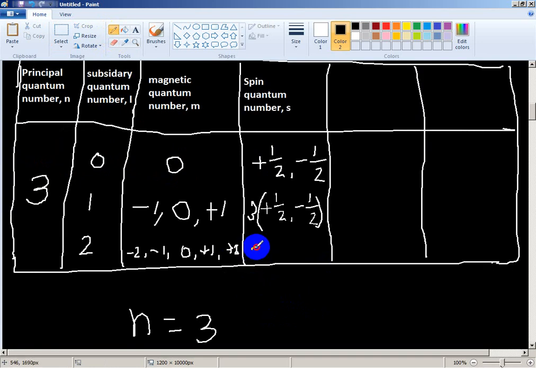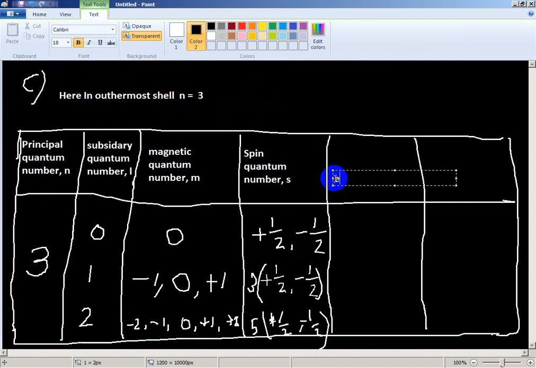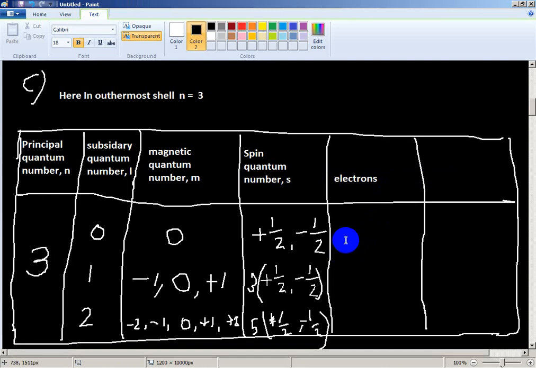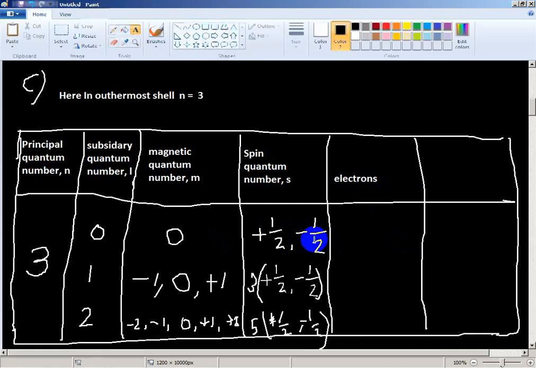And if I write 5 orbitals, with plus half and minus half spin, this is 2 multiplied by 5, which is 10 electrons. So how many electrons are there in each?